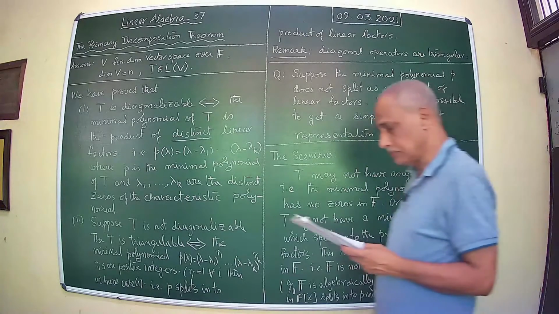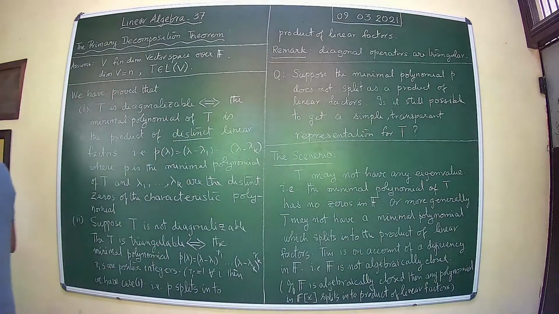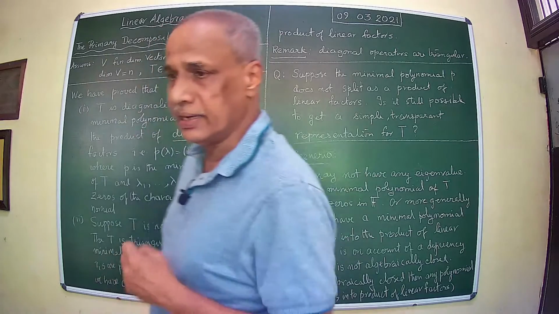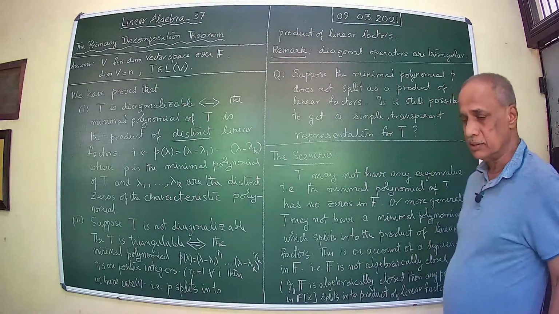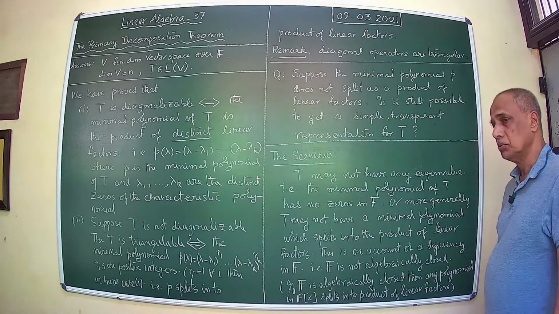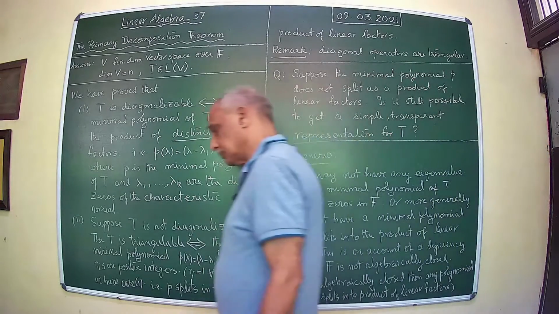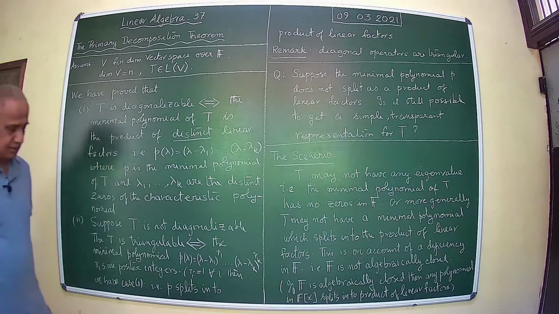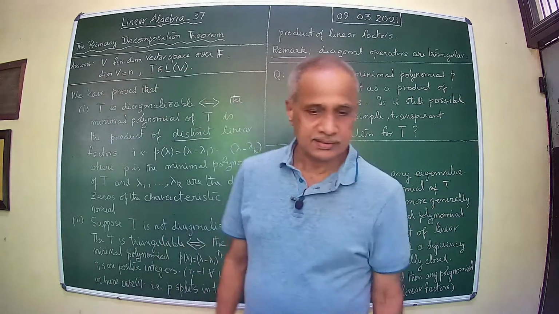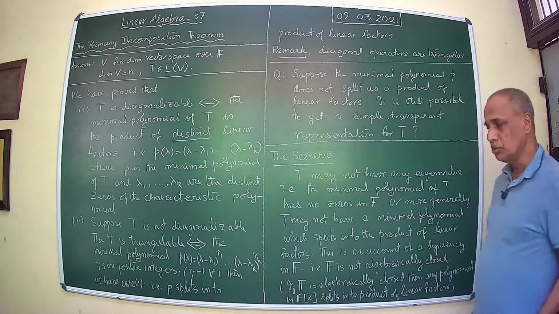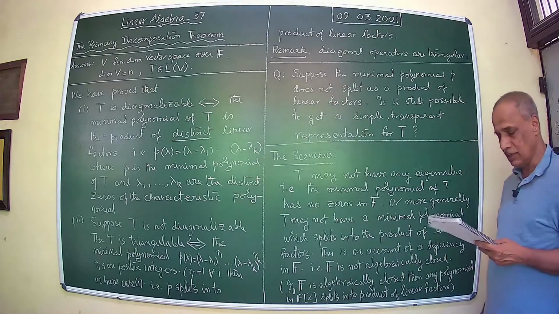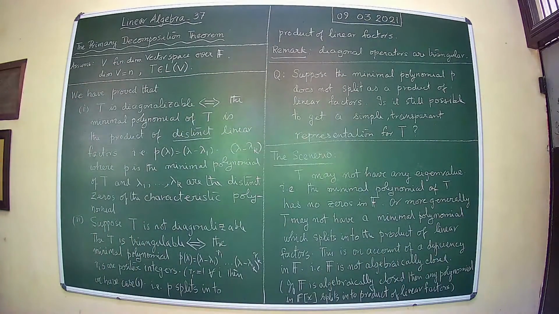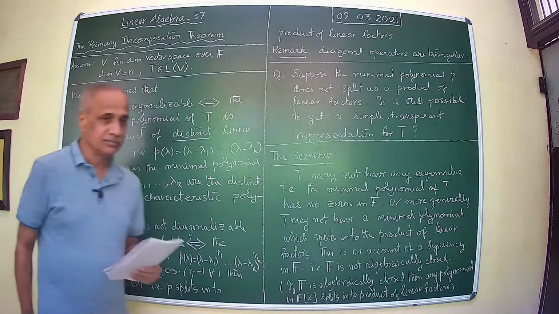The other scenario is, see, even if the characteristic polynomial splits into the product of linear factors, there may not be sufficiently many eigenspaces whose direct sum would be the whole of V, or there may not be sufficiently many eigenvectors which span V. This is one problem.